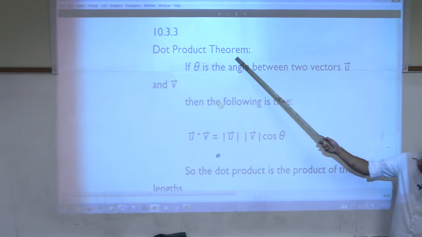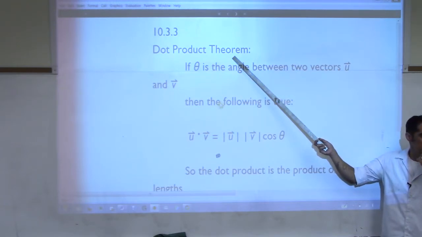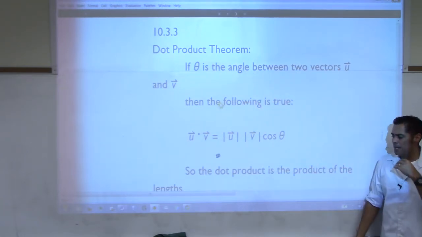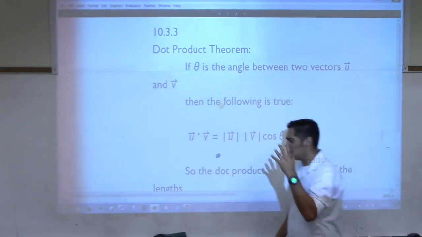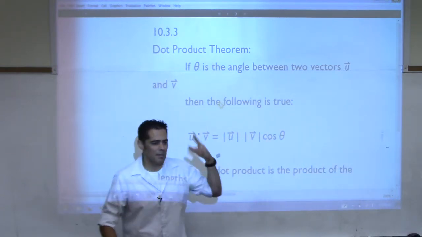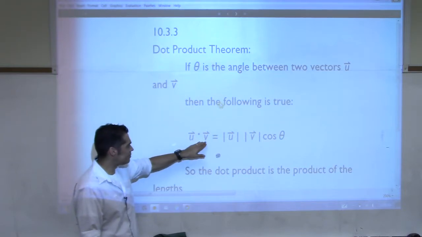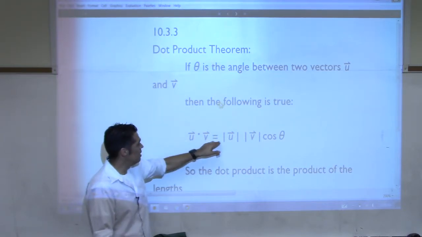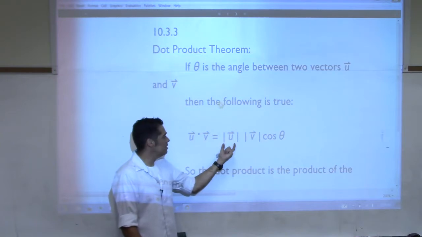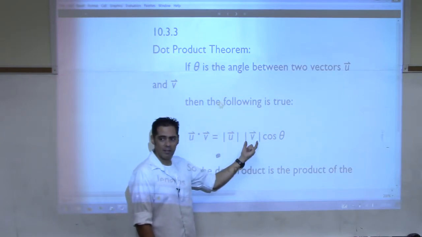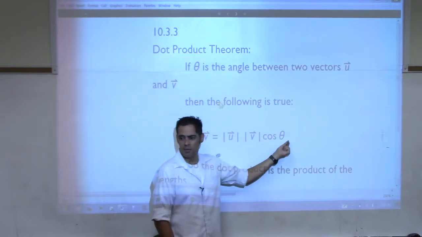This is a theorem. In mathematics, a mathematician comes along and says, hey, I think this is true. Some mathematician said, I think that the dot product of two vectors is equal to the length of the first vector times the length of the second vector times cosine of the angle between them.